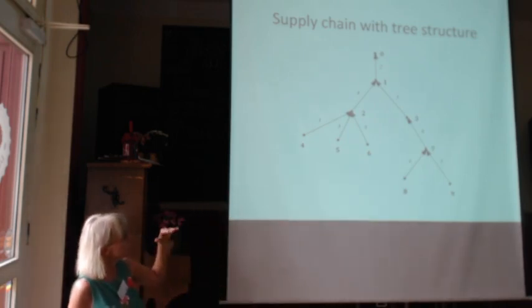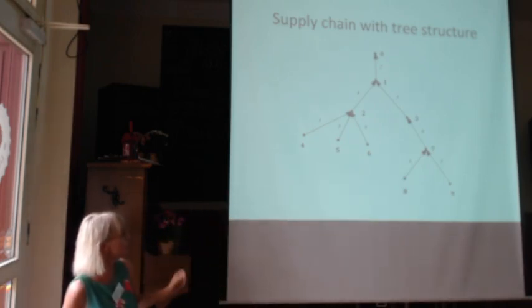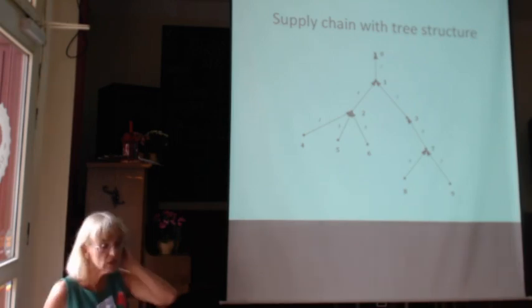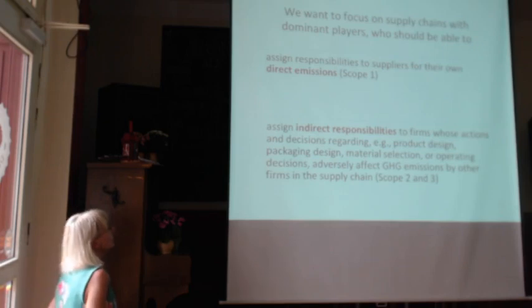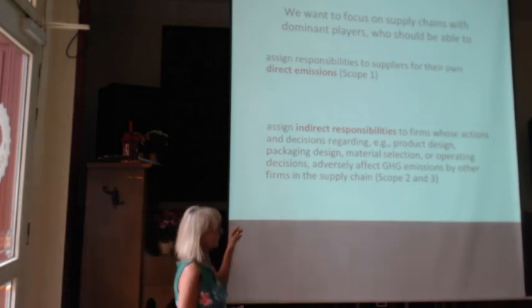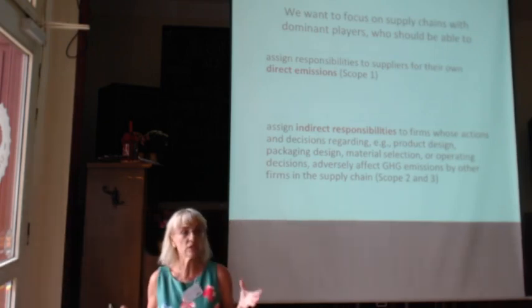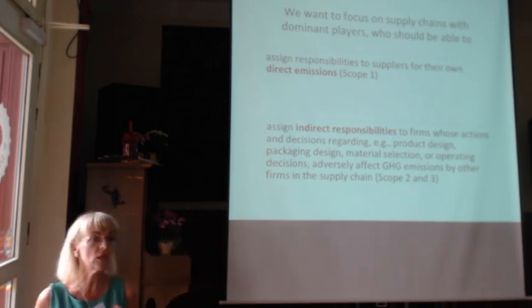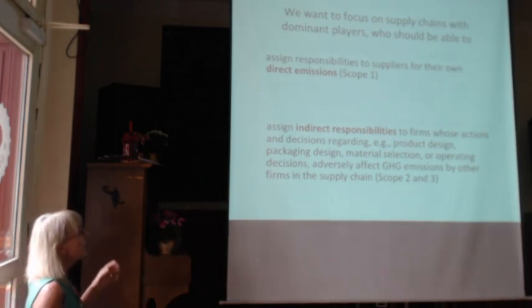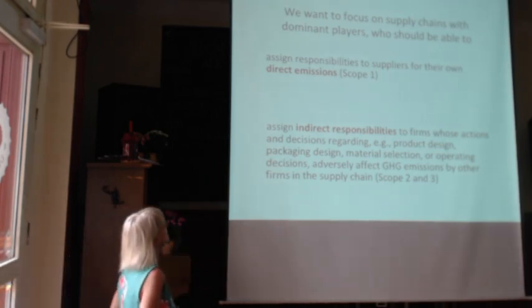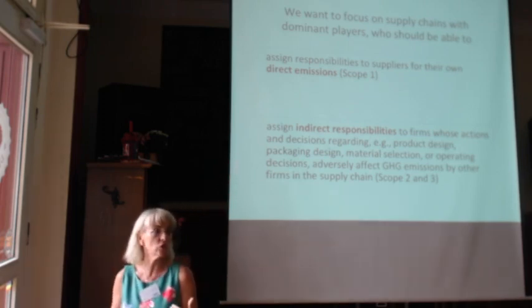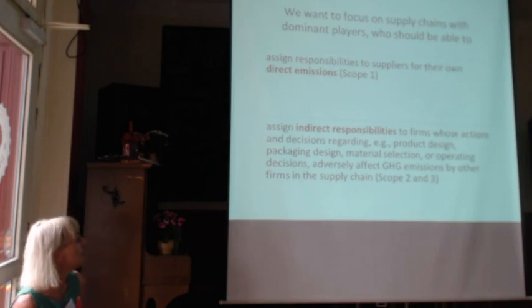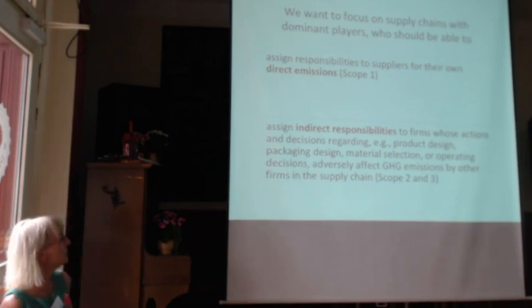So we can look at some kind of direct and indirect responsibility. And now clearly the question is how is this responsibility assigned? What we assume in our model is that we have a strong member in the supply chain, a dominant player, who is doing this type of assignment. Direct emissions are clearly assigned to the nodes directly. So this is what you are responsible for directly.